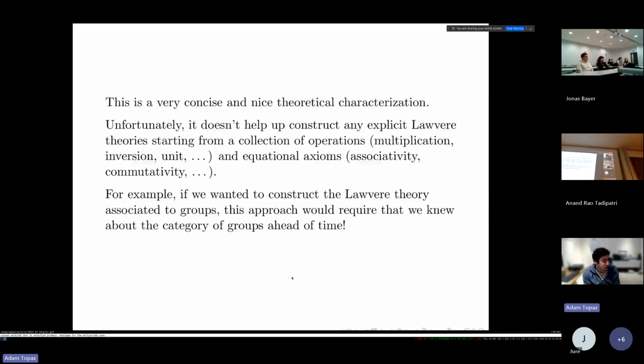For example, if I start with the usual notion of a group as a set with a binary operation called multiplication, a unary operation called inversion, and a constant called the unit, which satisfies the axioms of a group, it's not so obvious how to construct the Lawvere theory out of it without first constructing the category of groups and going through this kind of abstract nonsense left adjoint approach.